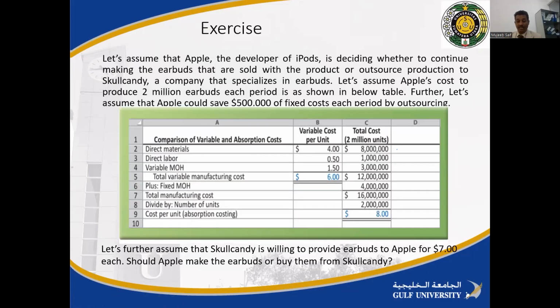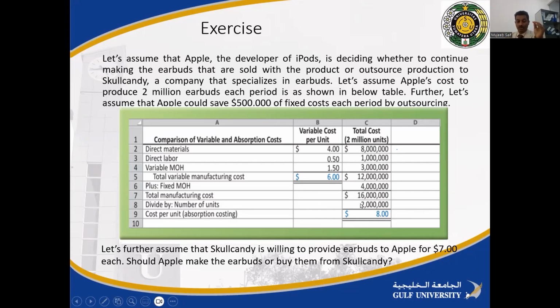What is the idea here? The fixed cost should be considered when you make a decision. As we mentioned at the beginning, don't just say, okay, the total cost per one unit is $8, I can purchase it outside for $7, which is $1 less.